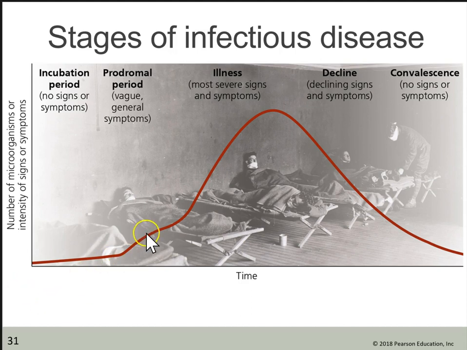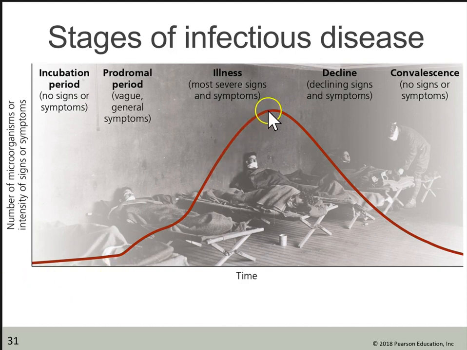Then there's the prodromal stage. Prodromal period is a period in which the patient has vague or general symptoms. So for example, for a cold, that can just be feeling really tired. Those are really vague symptoms. The fatigue can come with lots of different diseases and may not be specific to that particular cold virus.